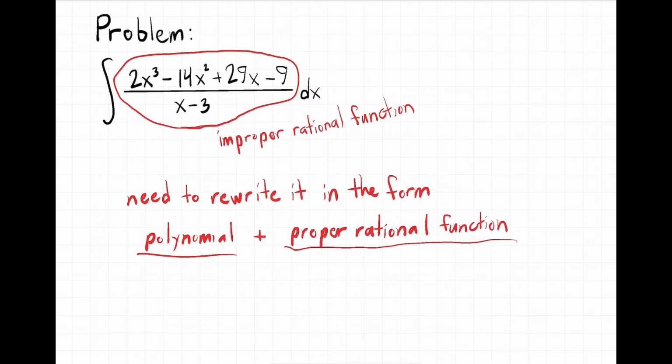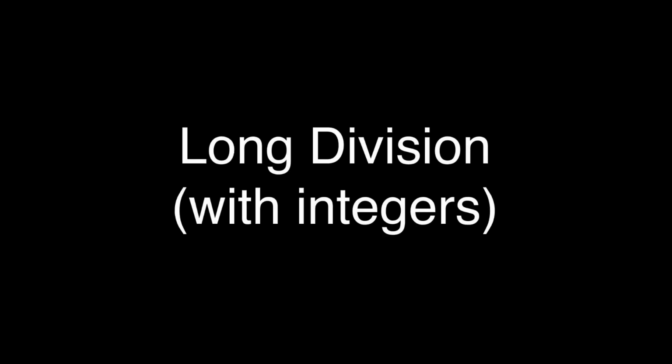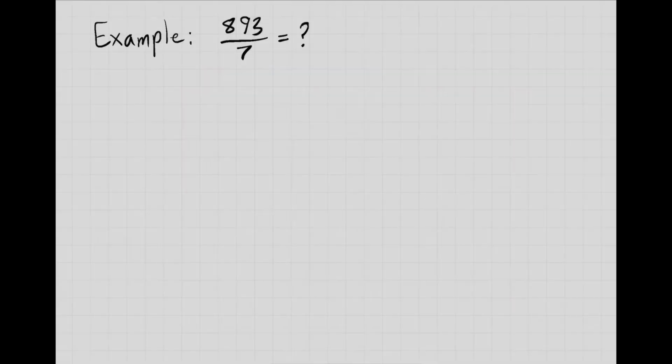So first, let's go back and remind ourselves how long division works for numbers, for integers. Let's take an example here. Here's an improper fraction, 893 divided by 7. Of course, a fraction is the same thing as a division problem, right?